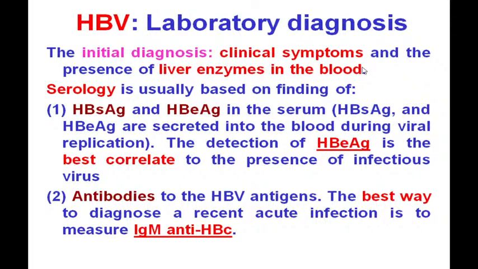Out of the viral proteins, we may use as serological markers HBs antigen, because it is the first one secreted into the blood, and HBe antigen, because it is also secreted into the blood. HBe antigen will tell us mainly that we have the presence of infectious virus in the body.